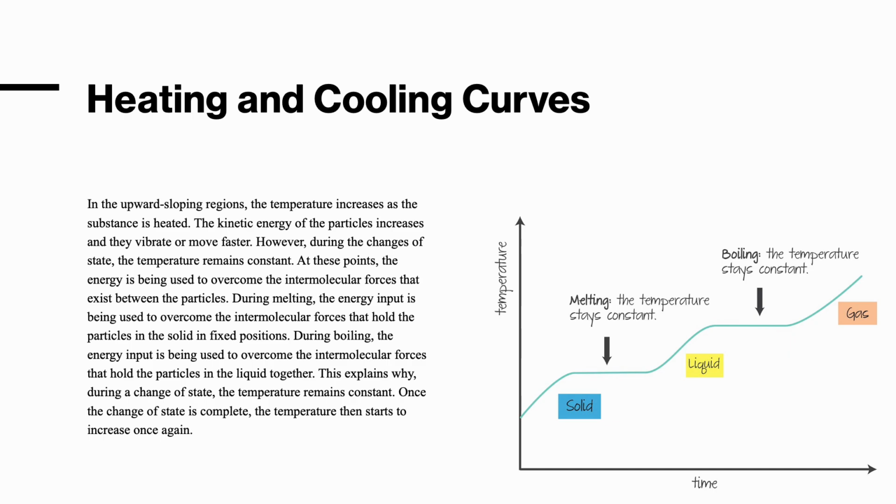It is noteworthy that melting and boiling are both endothermic processes, that is, they gain energy from the surroundings, whereas if this was a cooling curve, the opposite of these two would be exothermic processes, and they would release energy into the environment.